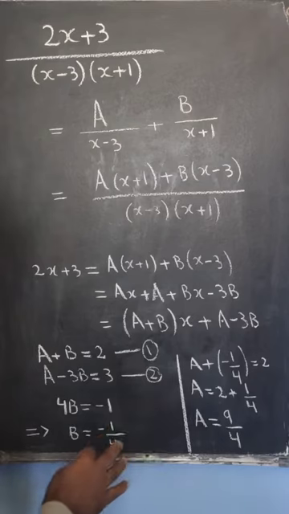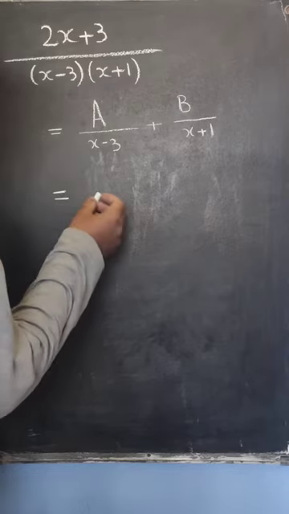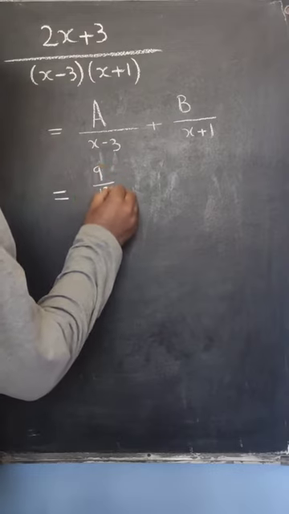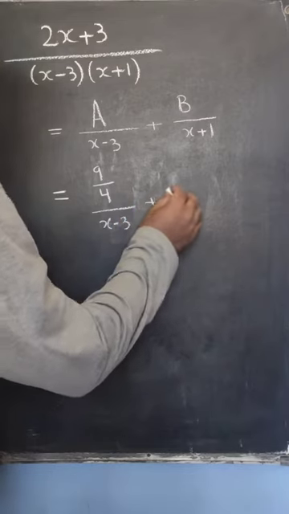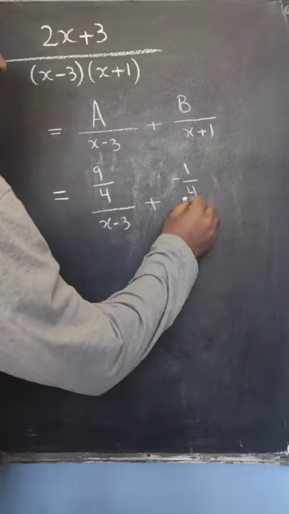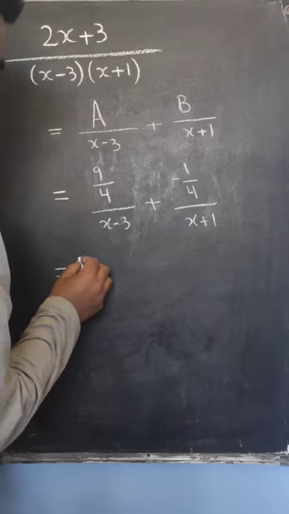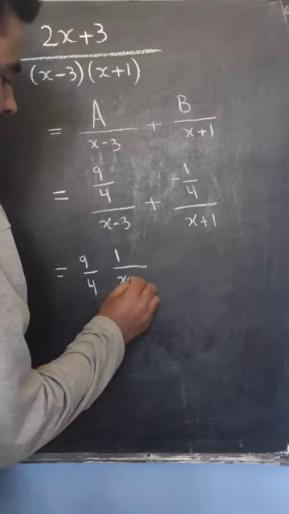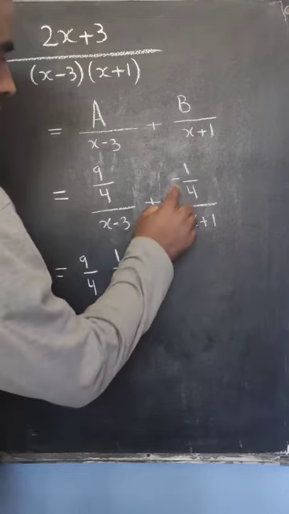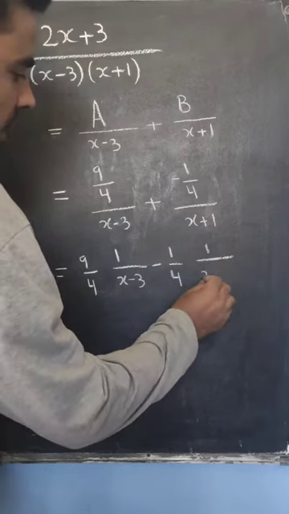Now we substitute these values in this equation and we get, since A is 9 by 4, so we write 9 by 4 divided by (x minus 3) plus B is minus 1 by 4 divided by (x plus 1), or we can write it as 9 by 4 into 1 by (x minus 3) plus, minus 1 by 4 into 1 by (x plus 1).